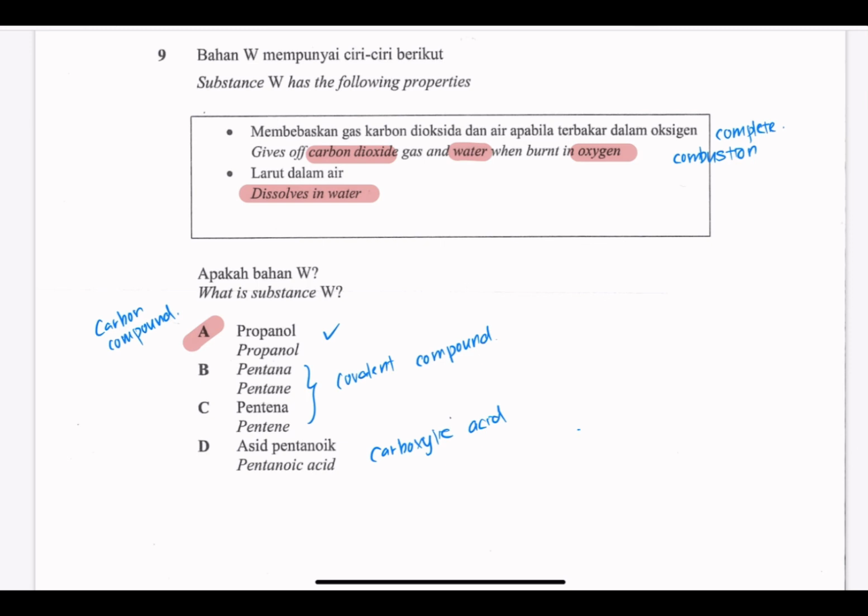So that's why ethanoic acid is a weak acid, because the solubility of ethanoic acid is low in water. So in carboxylic acids, going down the group, the solubility decreases. Ethanoic acid only has 2 carbons, pentanoic acid has 5 carbons, so the solubility will be very low. So for this question, A is the most suitable answer.